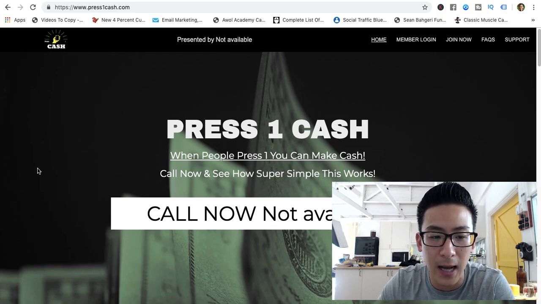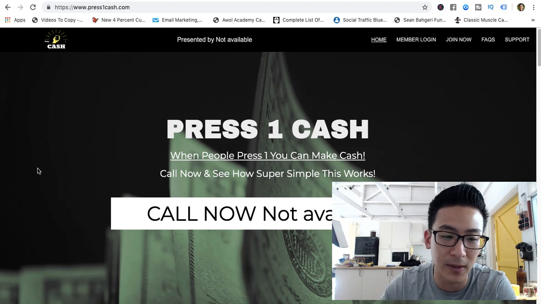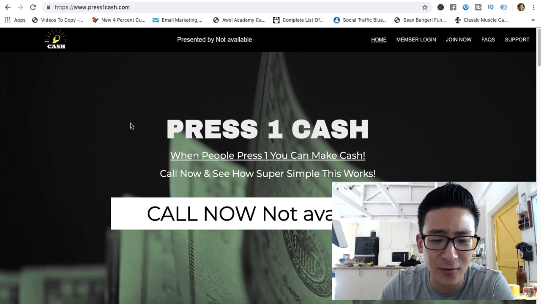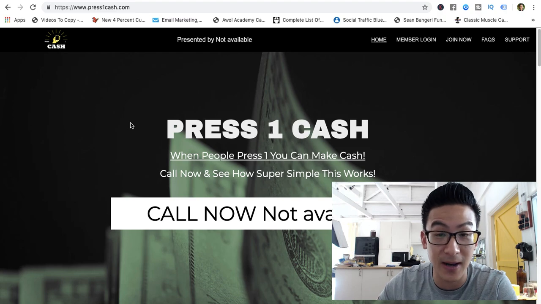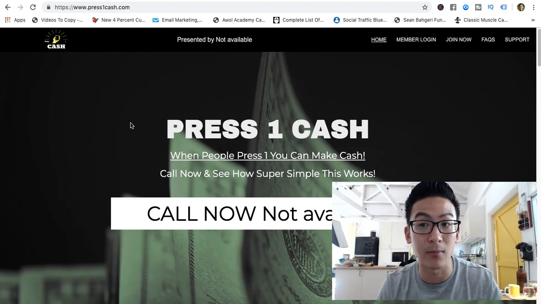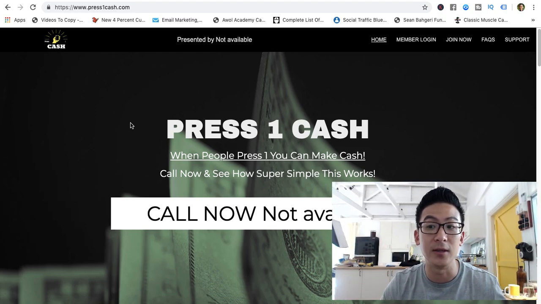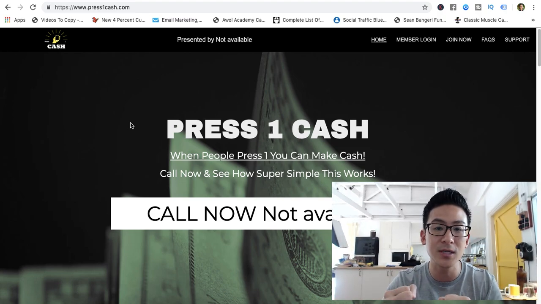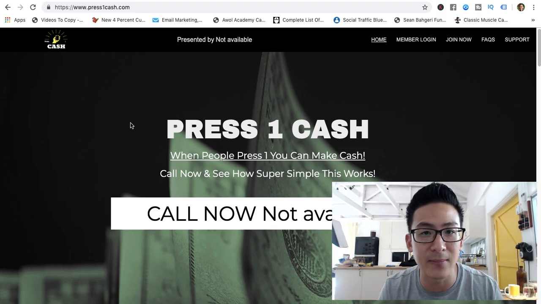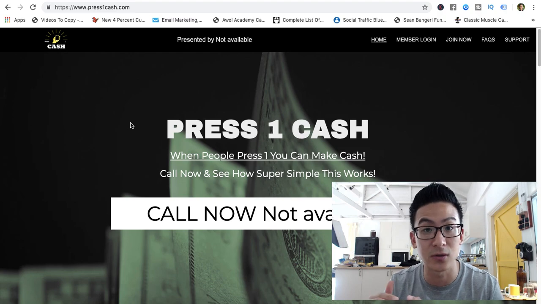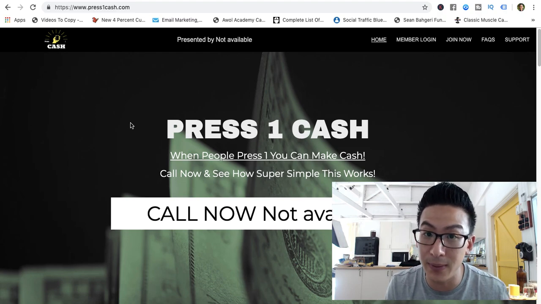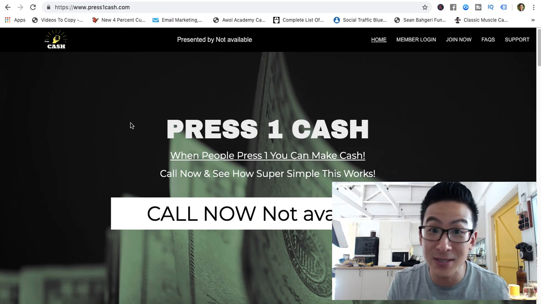I don't know how long these guys will be able to do this for, because I have seen a lot of these kinds of systems in the past where they're not necessarily SMS. They're more like, they're called scrapers, right? They'll go on the internet, they'll scrape numbers, and then they'll blast spam emails to these email addresses or to these phone numbers, and then people complain and you get in trouble, okay? I've used these kinds of systems in the past before.